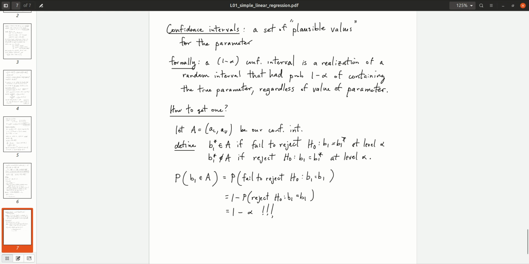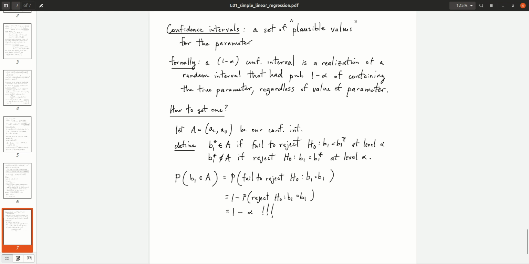So why is this the right thing to calculate? We constructed the confidence interval so that a value of the parameter was in the interval if we fail to reject the null hypothesis at that value. So the event that B1, the true value, is in the interval is equal to the event that we fail to reject the hypothesized true value.